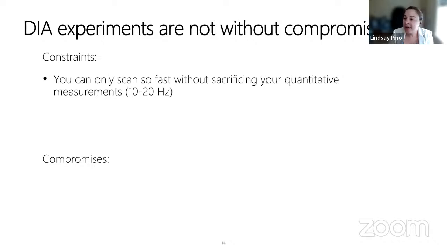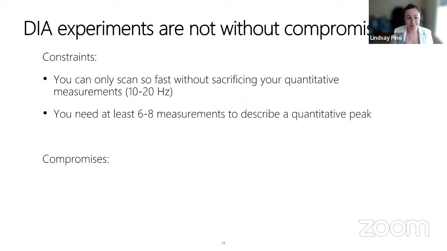So one thing that Sue had mentioned is you're limited by your hardware. You can only make MS2 scans as fast as your hardware can go. For mass spectrometers, we measure this in hertz, so scans per second. You're capped by your hardware.